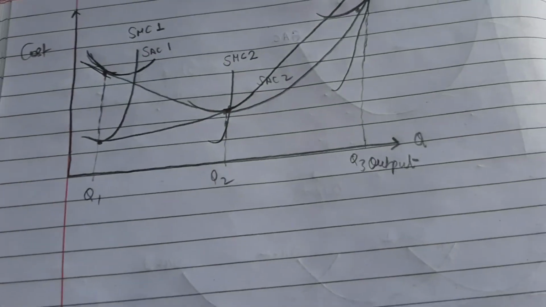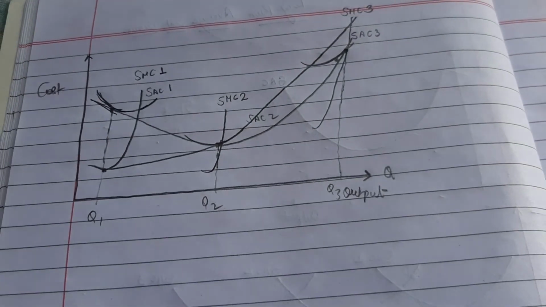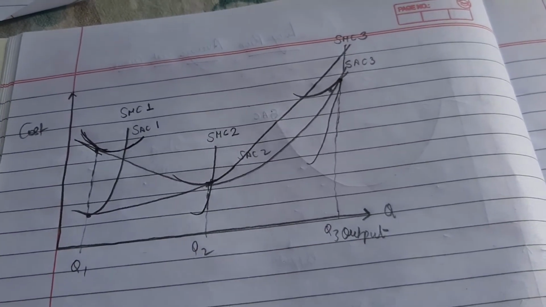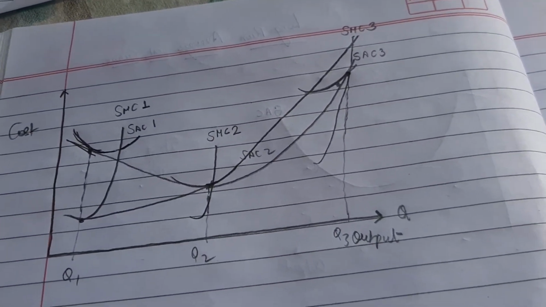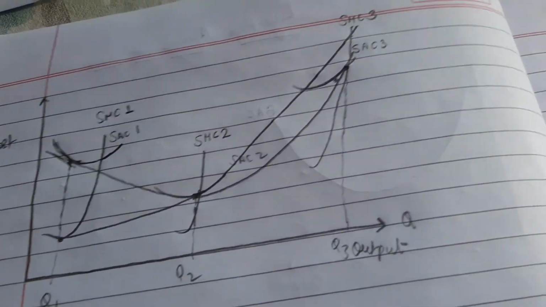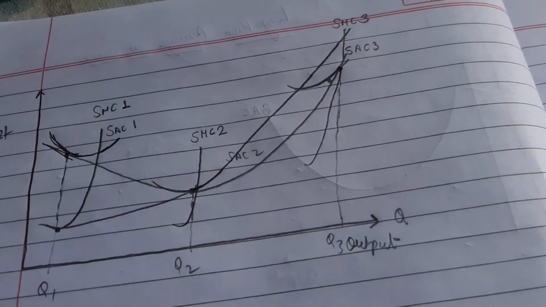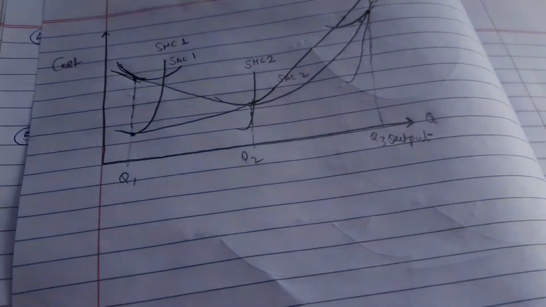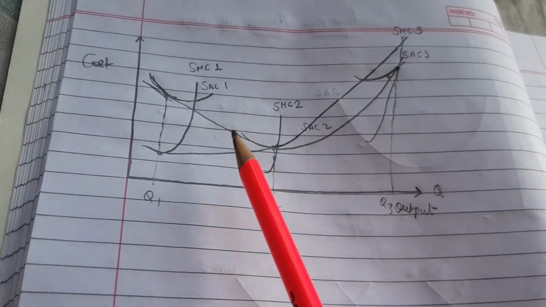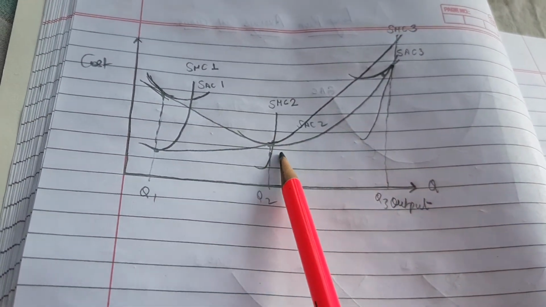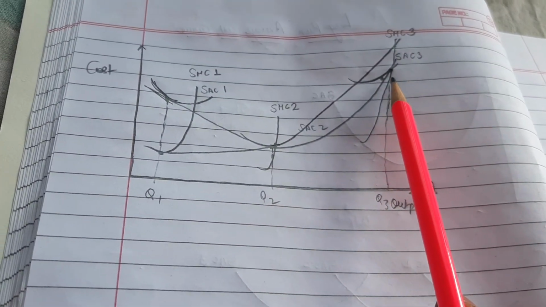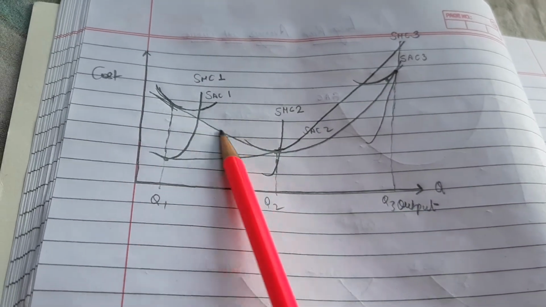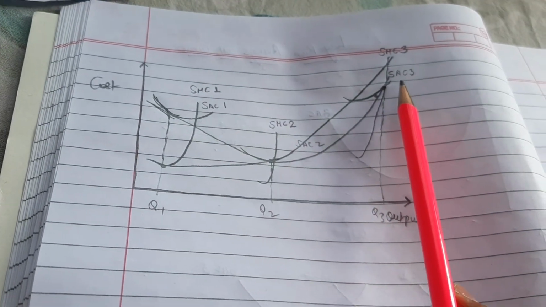And this is a curve where we've also talked about the short run marginal cost curve. So here, as you can see, SAC1, SAC2 and SAC3 are the curves. Wait, let me take a pencil. So SAC1, SAC2 and SAC3, these are the three curves, and then I've drawn this long run average cost curve.